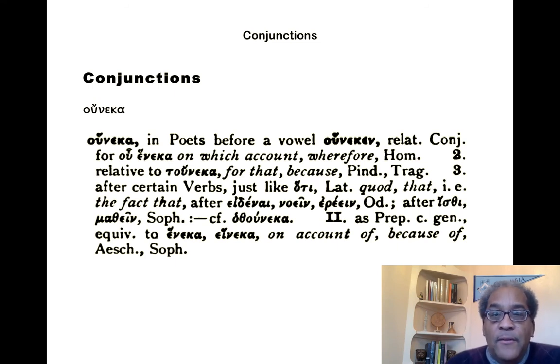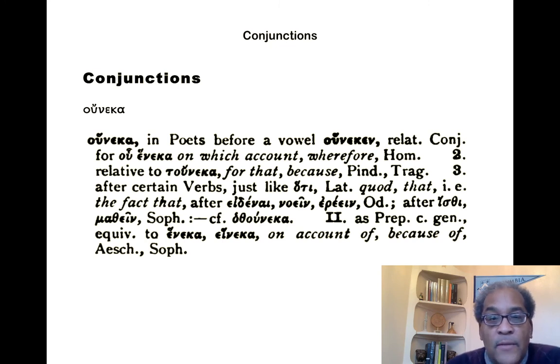Conjunctions, on the other hand, so far he's given us one conjunction, hunica, and I thought I would just look at the whole entry for hunica. He says, hunica, rough aspiration. In poets, before a vowel, huniken.